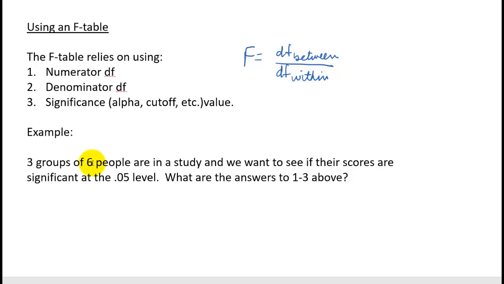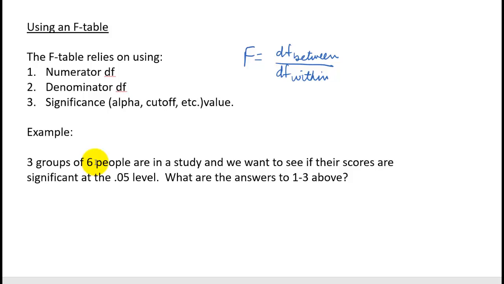Okay. And if you wanted to know what the significance of that was, you could flip back to your F table, and you could find the intersection of, let's see, denominator degrees of freedom, what did we come up with? 5, 10, 15 degrees of freedom in the denominator at the 0.05 level, and 2 degrees of freedom in the numerator.